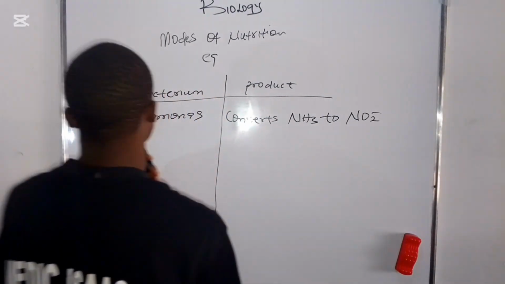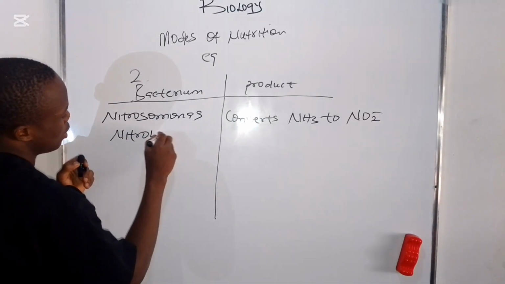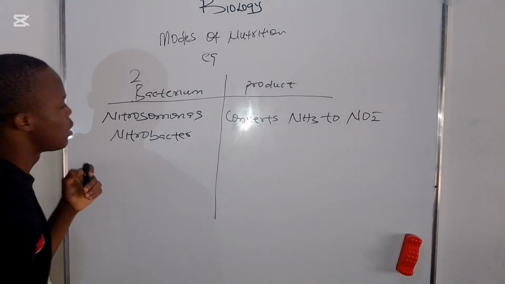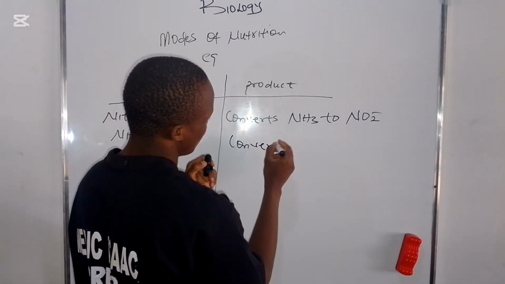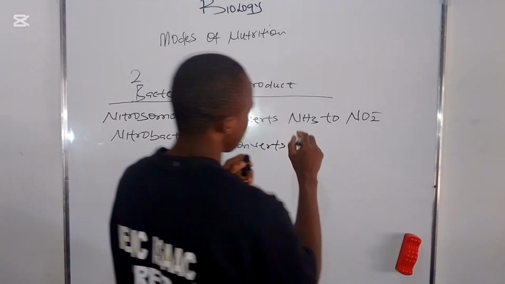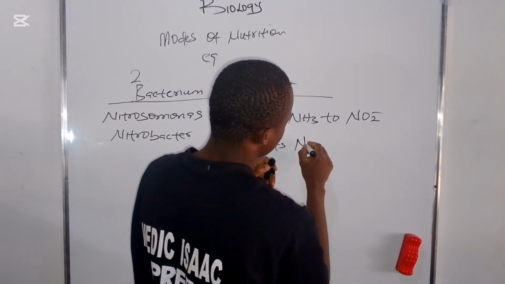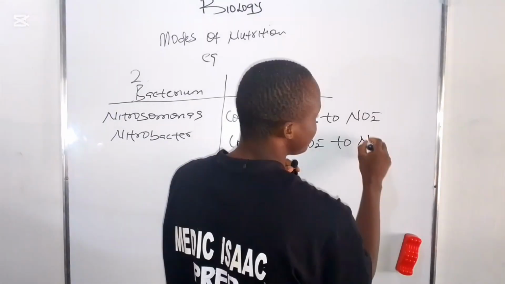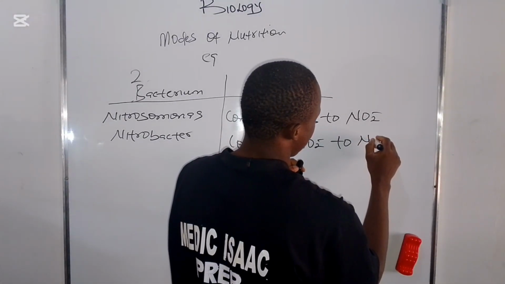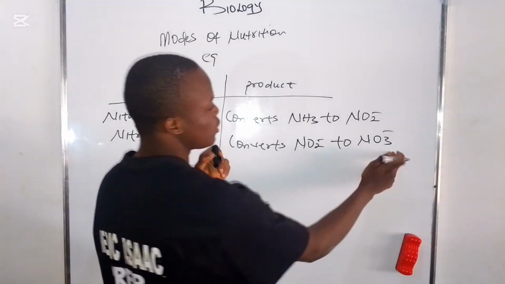Take note about it. Now, another one is Nitrobacter. Nitrobacter does what? It converts nitrite to what? Nitrate. Have you seen it now? So there is a difference between these two, right?